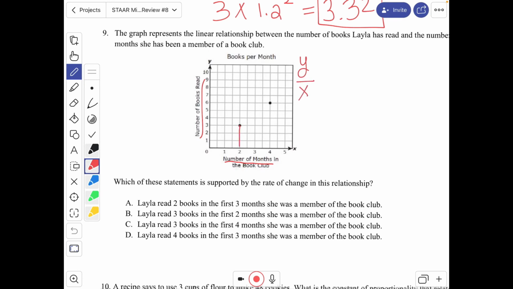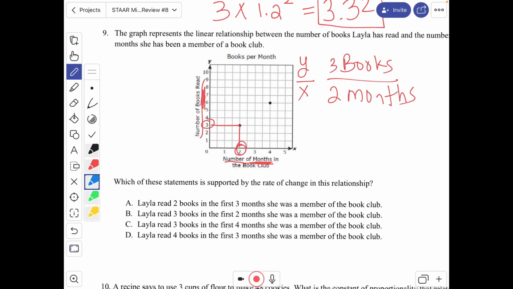So for this first dot, that's going to be 3 books to 2 months.